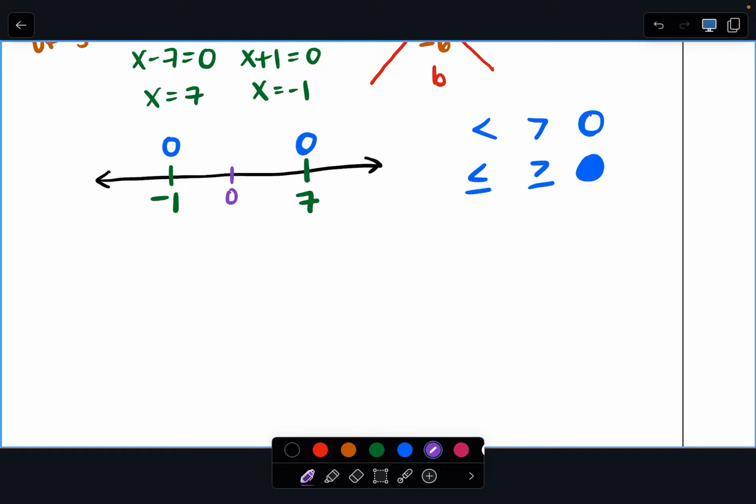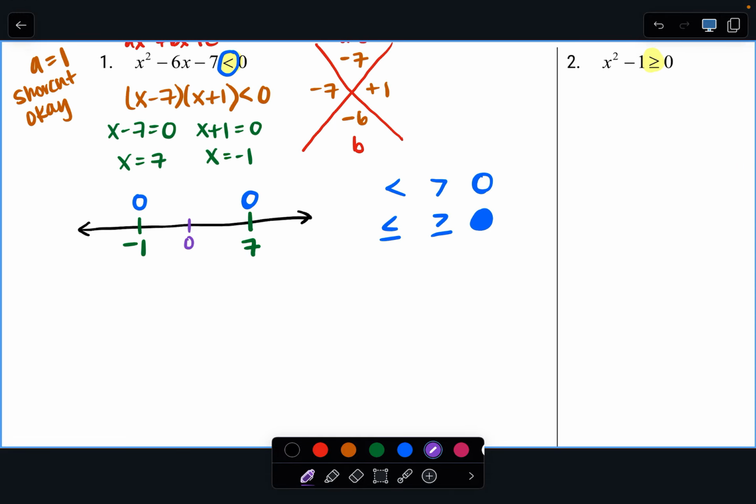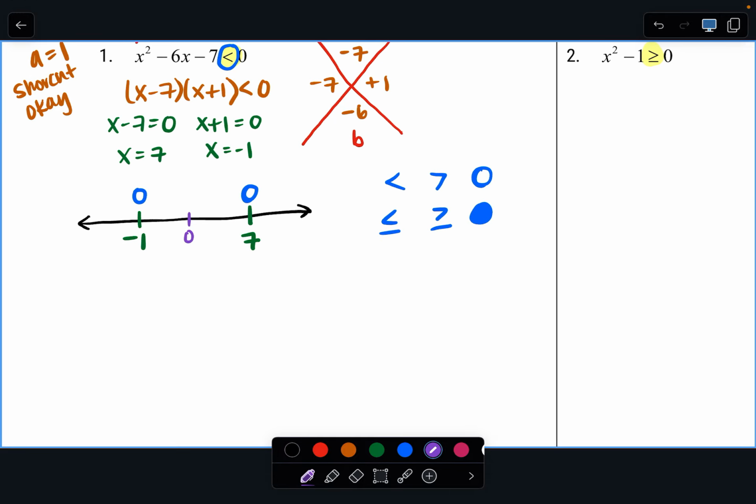And then all you want to do is be in the places where your inequality is true. So I'm going to take my original problem and plug in 0 squared minus 6 times 0 minus 7 less than 0.